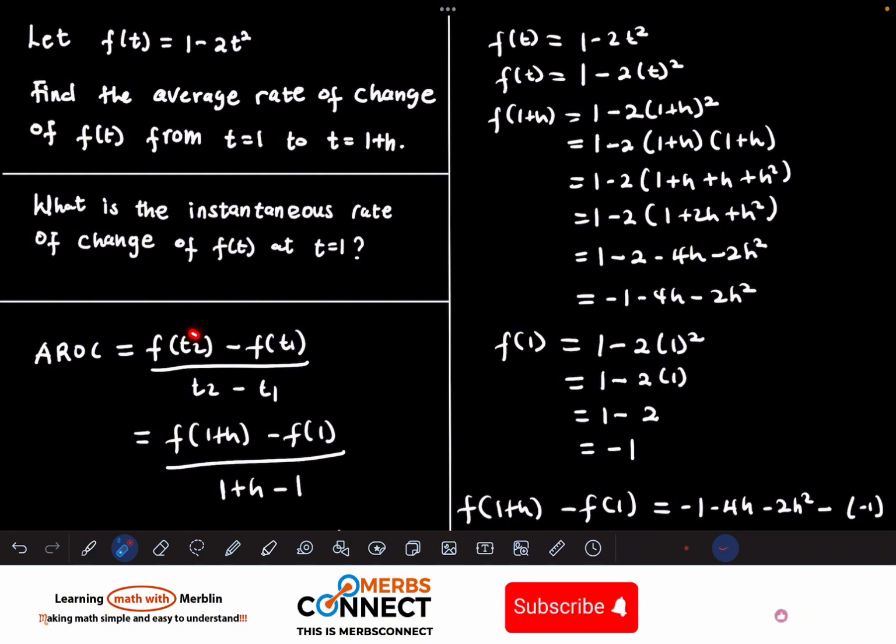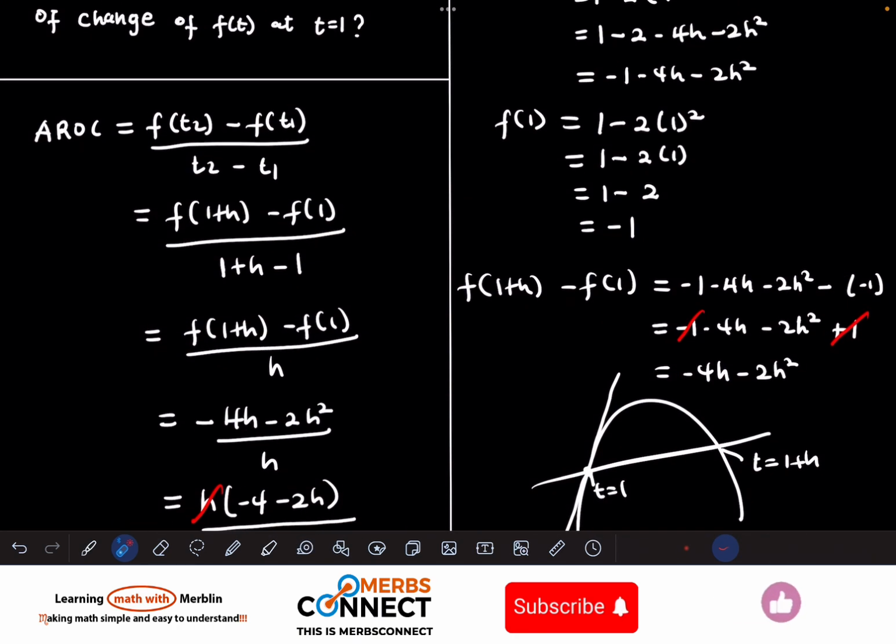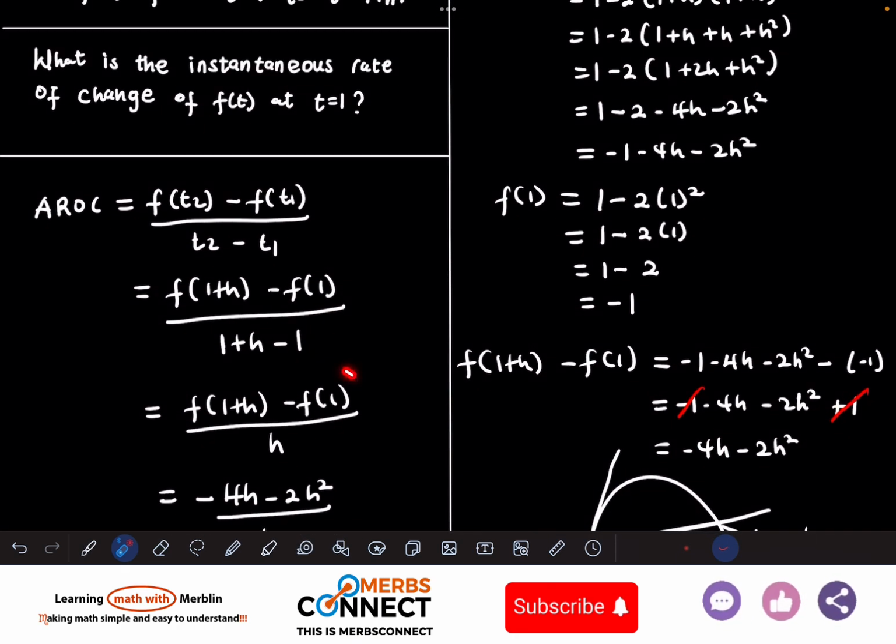So I need to look for t2 and t1, which t2 is this one and t1 is this one. So the first value here should be the one that will be the last value here, right? This from here to here, and the first one will be the one here. Good. And then we just did substitution, we simplified, and we got to this stage.